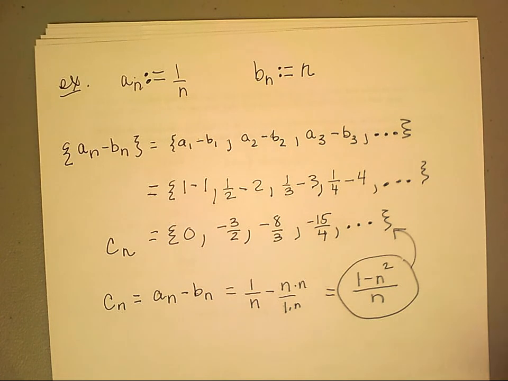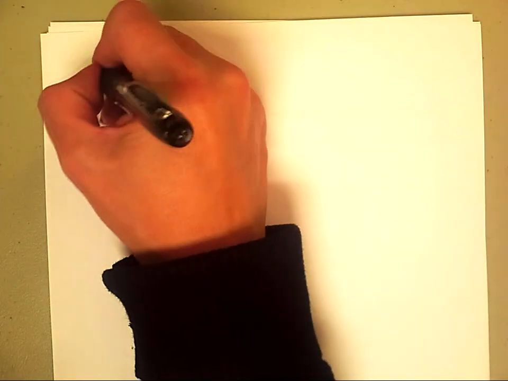Okay, so now let's talk about limit laws. So we can add and subtract sequences, and now that we've done that, the limits will also follow their own rules. This is a theorem, and this is something we're going to need to know.